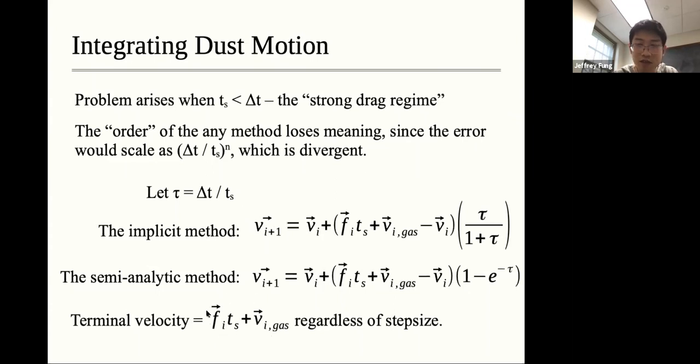So you get this number if you choose delta t equal to 1 or a million. This is clearly a problem because these values are basically chosen at the beginning of the step. You just set your speed to the terminal velocity at the beginning of the step, regardless of step size. This is always going to be first order.